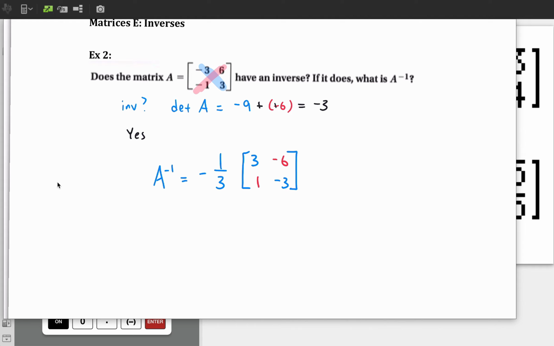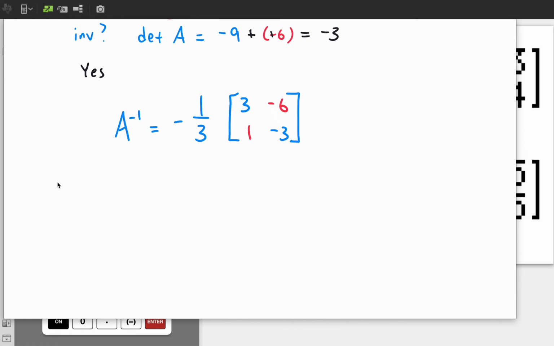Main diagonal switches, take the opposite of those. And now 1/3 just distributes all across. So we end up with negative 1, a positive 2, a negative 1/3, and a positive 1. So there is my inverse.